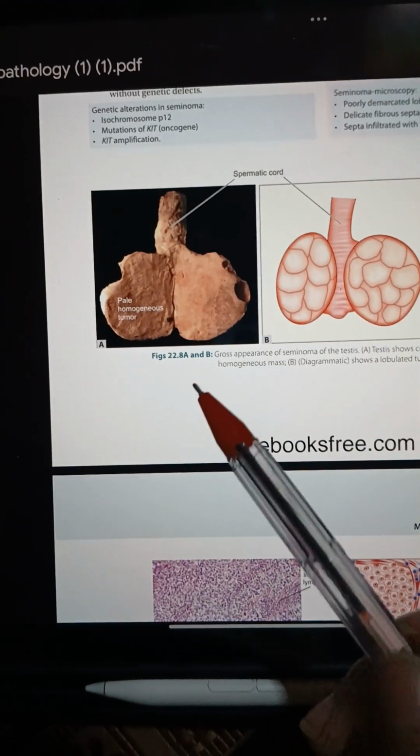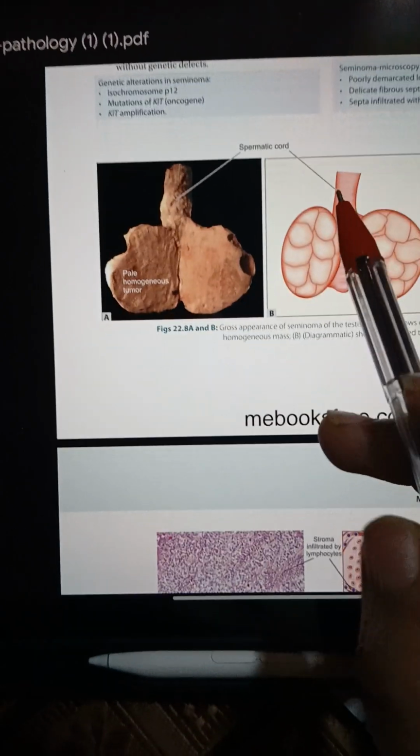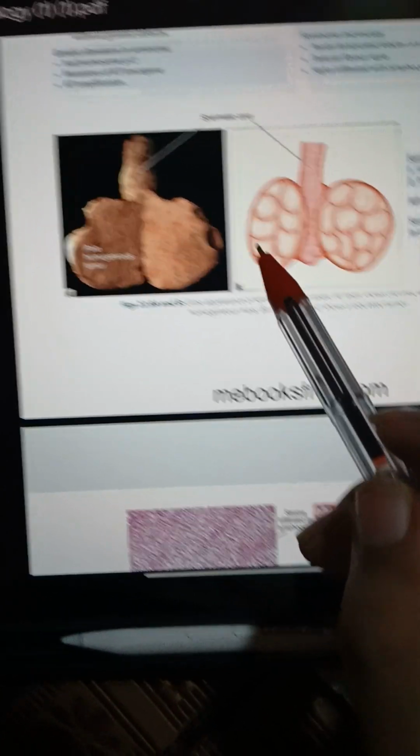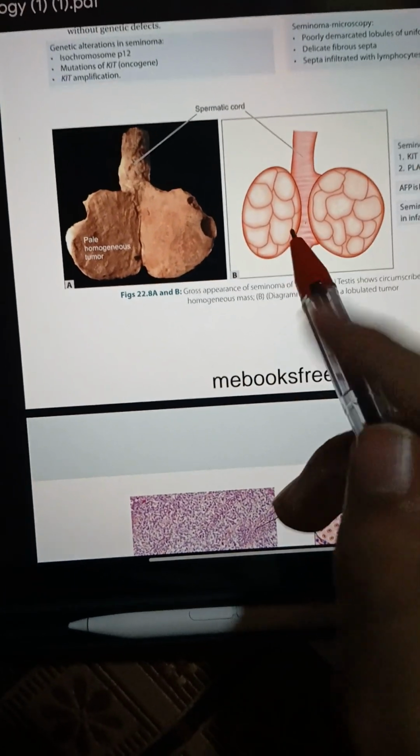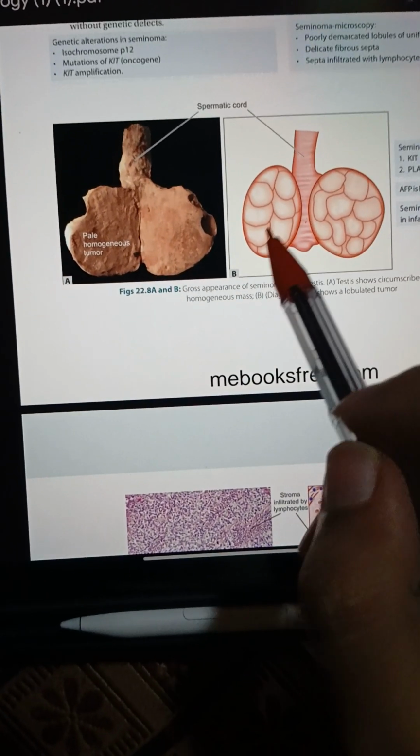Let's show it diagrammatically. This diagram shows a pale homogeneous tumor, grey white on cut section, yellowish tan also, with a lobulated appearance. Tumors are 2 to 6 centimeters in size and well demarcated from normal testicular tissue.